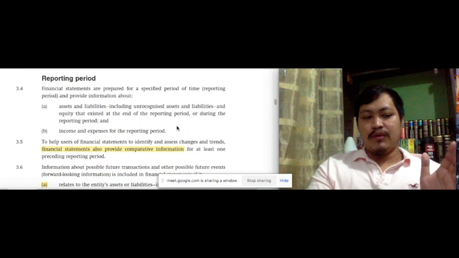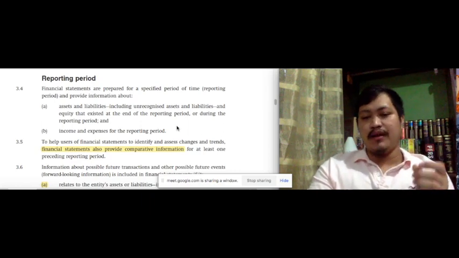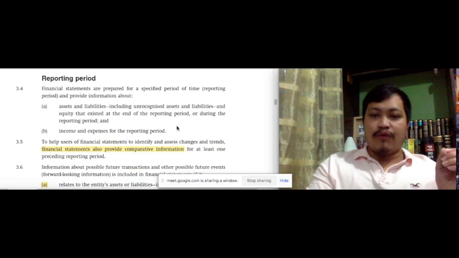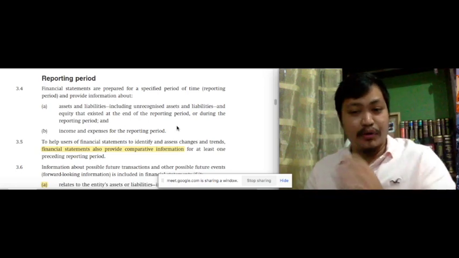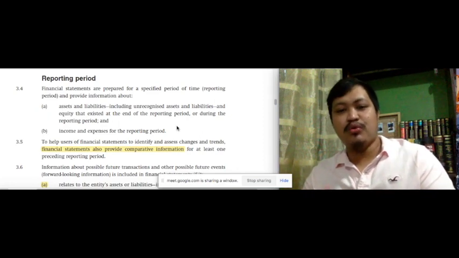Okay, so for us to provide useful information, the information must be timely. And for us to provide timely information, we have to provide financial statements regularly. And for us to be able to achieve comparability, class, then it's important that our reporting periods would be fixed from one period to another.